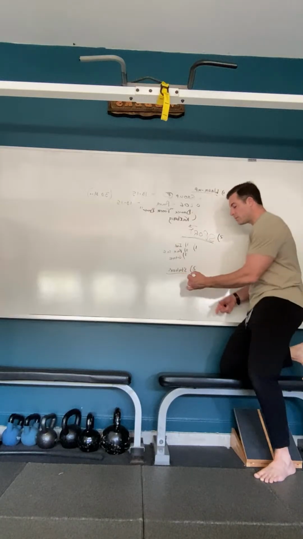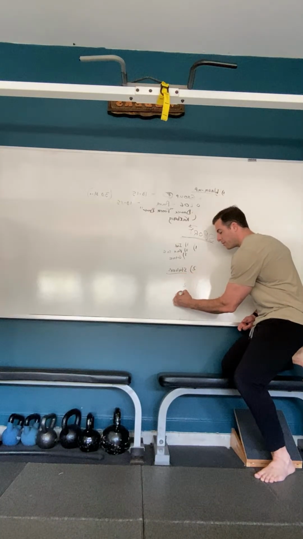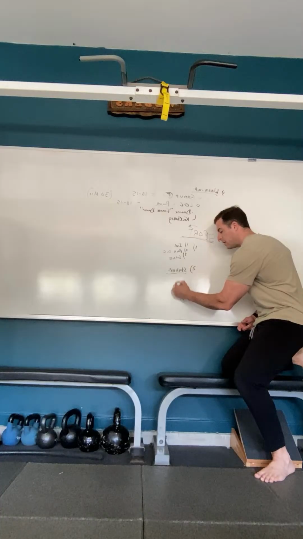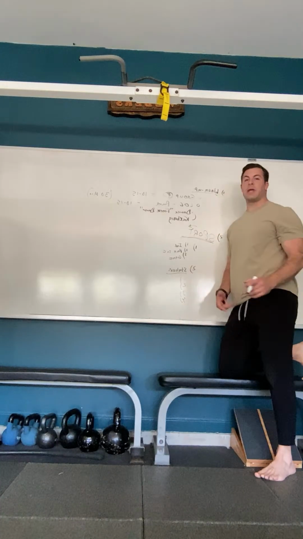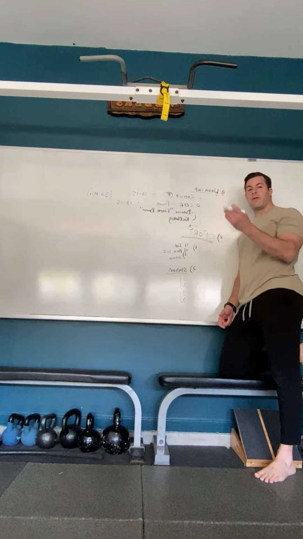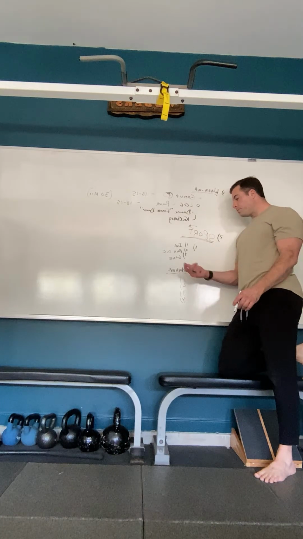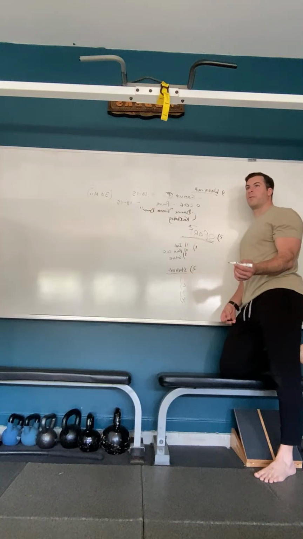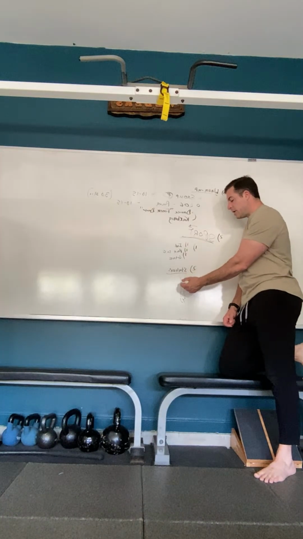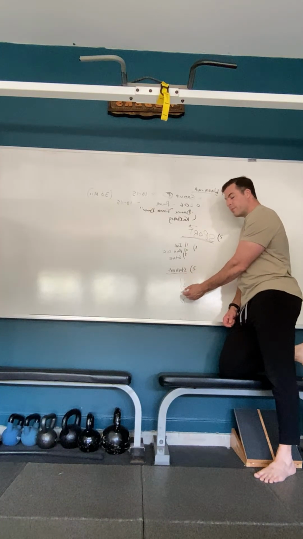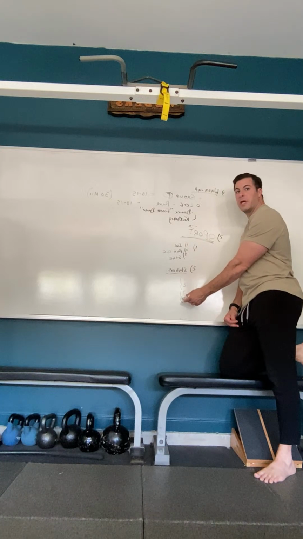Teaching stations, this is when you can take 1, 2, 3, and 4, maybe 5 or 6 different activities, and have them in different quadrants of the gym or activity space. So it could be something like, if we're playing hockey, passing, shooting, puck handling, and then maybe being a goalie.